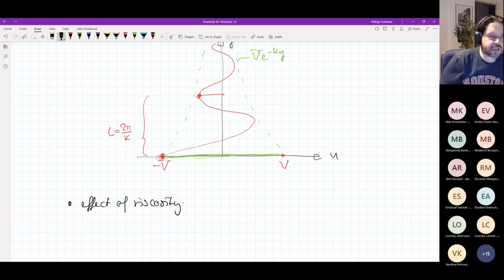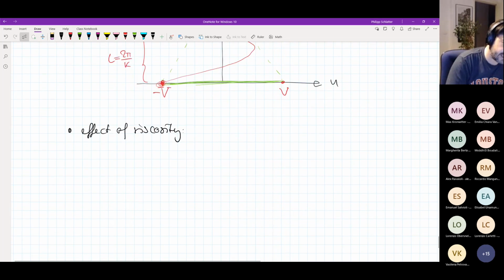The effect of viscosity, as we said before, is that it is the part that makes it possible for momentum to diffuse away. Now, because the momentum is oscillating, it means that this oscillation is also diffusing upwards.